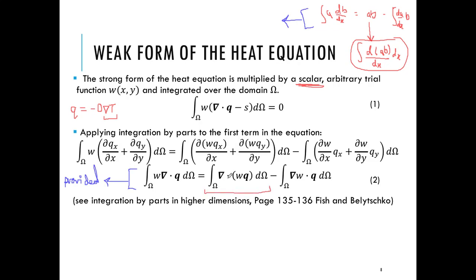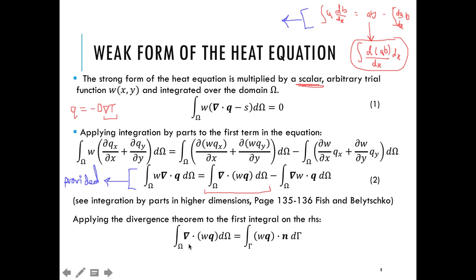इधर क्या हो रहा है, del dot this term, so del dot तो divergence होती है, तो ये divergence का volume integral निकल रहा है. That means that I can use my divergence theorem on this to manipulate this and convert it from a domain integral onto a surface integral, ठीक है, या फिर boundary integral.